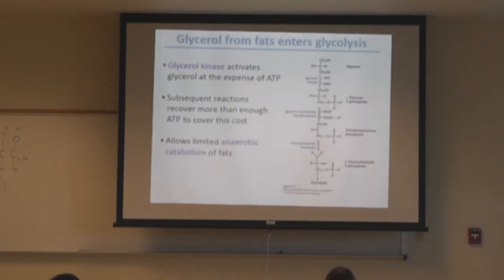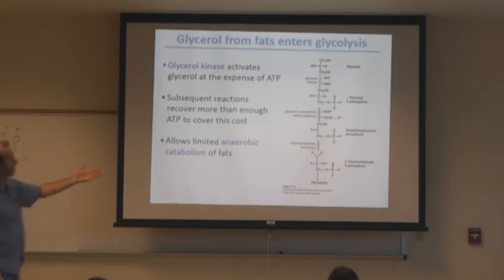So glycerol from fats can actually enter glycolysis, right? Triacylglycerols or diacylglycerols are di or triesters of free fatty acids. The fatty acid part cannot be made into sugar, whereas the glycerol can.